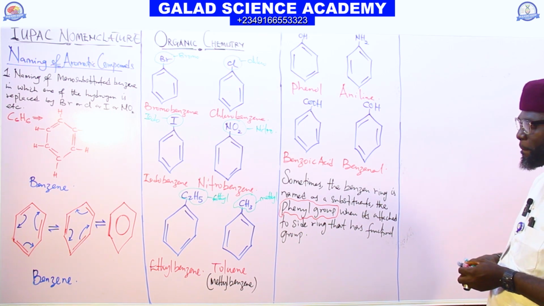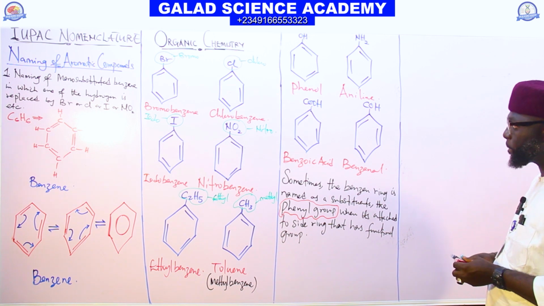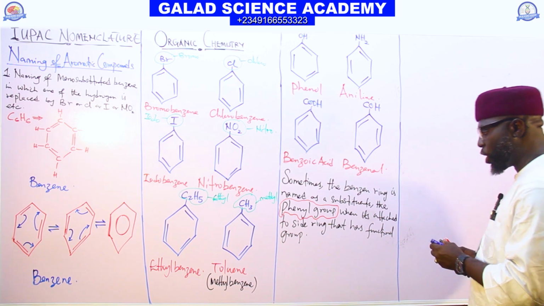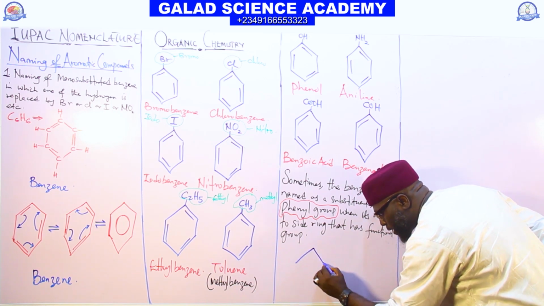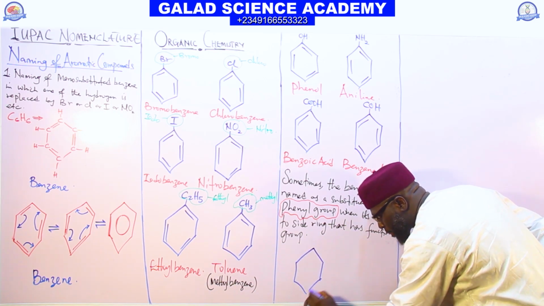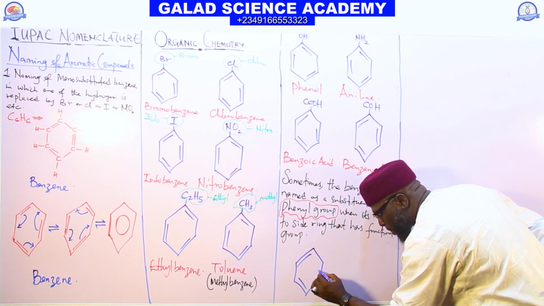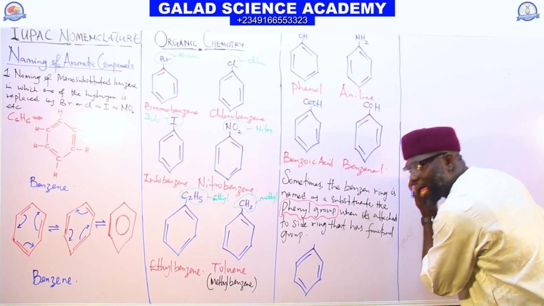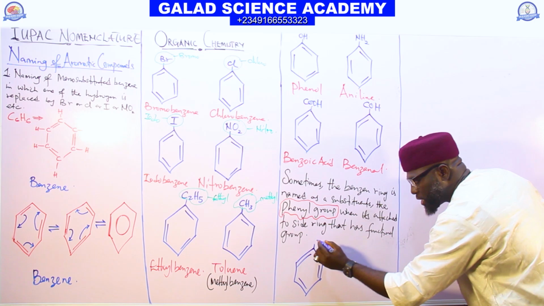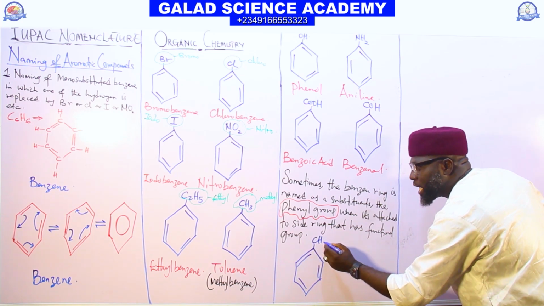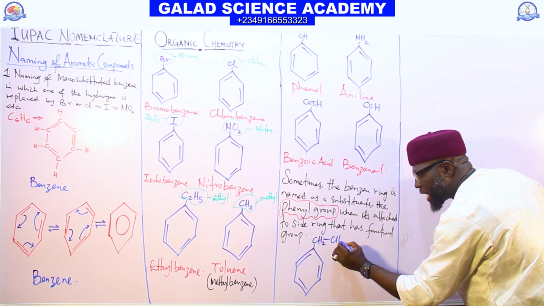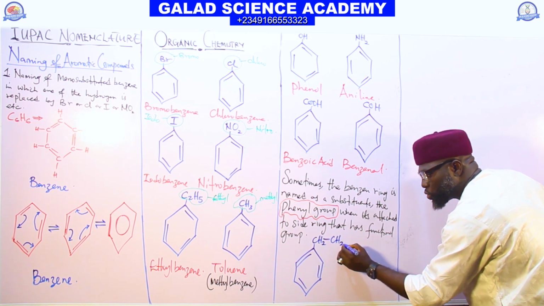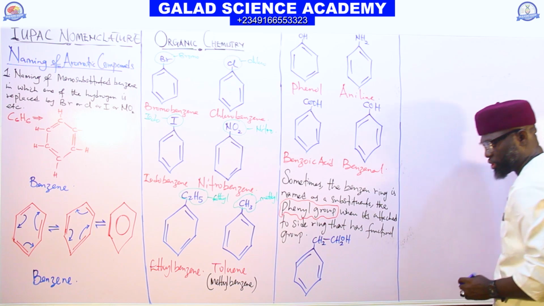Take for instance a compound where we have this benzene, and attached to it we have CH2, and another CH2OH.